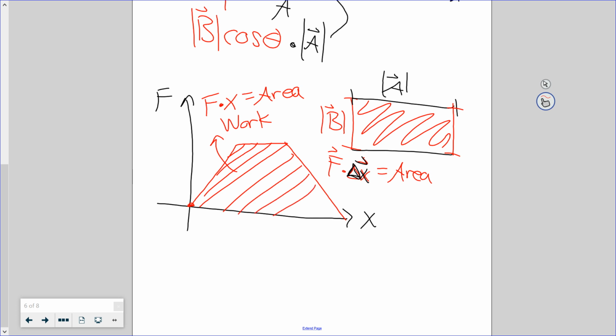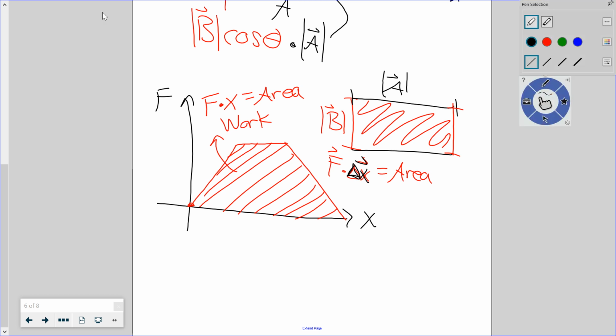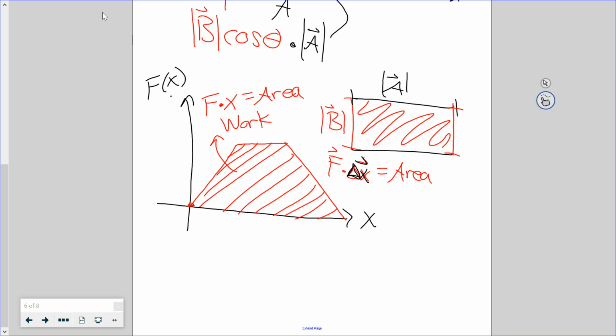If they decided to graph the displacement or the distance of F, and F is a function of x, obviously it's making this weird trapezoid shape changing with the distance, you would just have to find the area of this graph between the line and the axis, and that could also give you the work done.